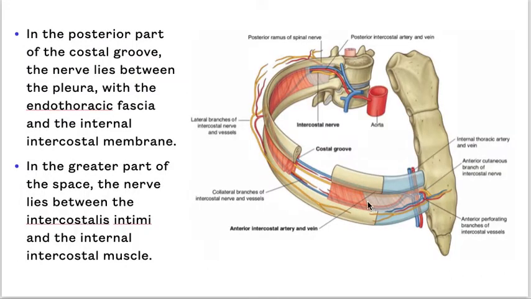In the posterior part of the costal groove, the nerve lies between the pleura with the endothoracic fascia and the internal intercostal membrane. In the greater part of the space, the nerve lies behind the intercostalis intimus and the internal intercostal muscle.